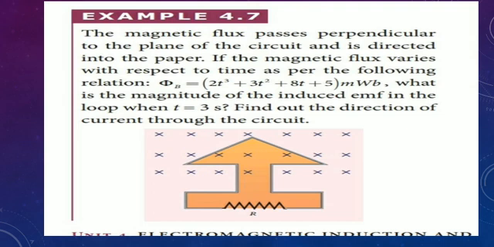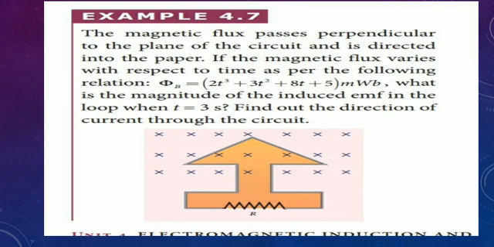Next problem, 4.7. The magnetic flux passes perpendicular to the plane of the circuit and is directed into the paper, right? So in this diagram, these crosses are the magnetic flux.